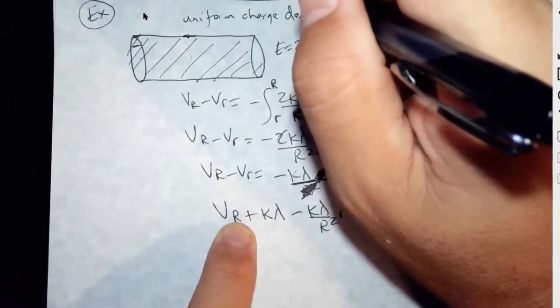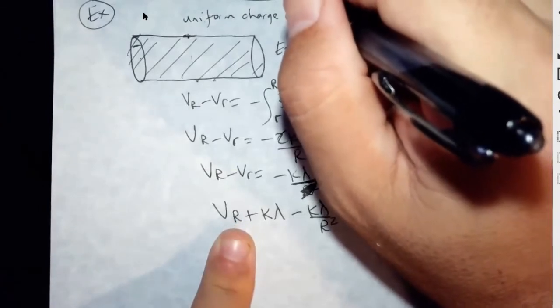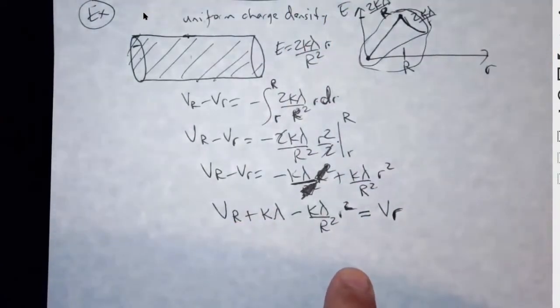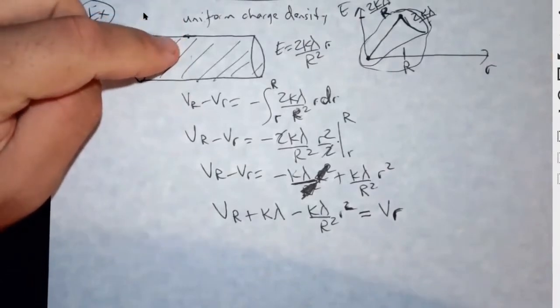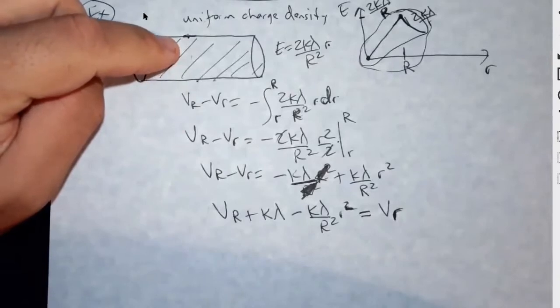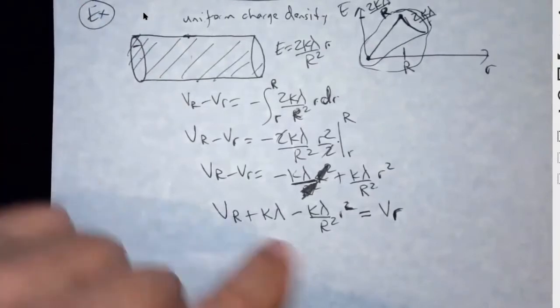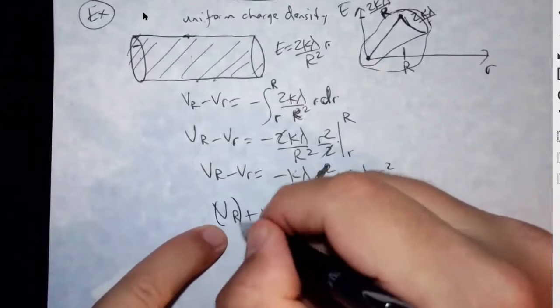K lambda, KQ over... So basically this is the voltage at the surface.